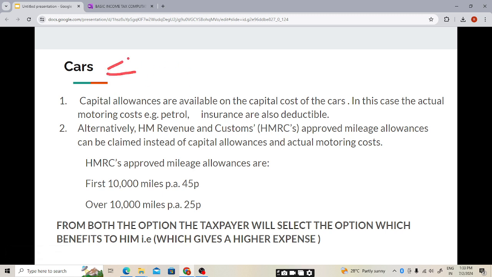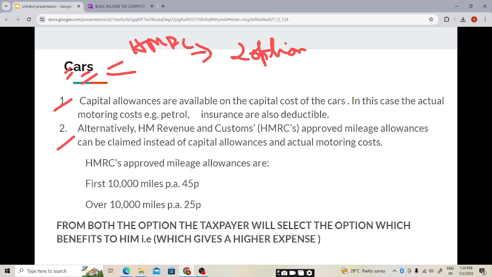HMRC has provided us option number 1 and option number 2. We are still studying under the cash basis only, so don't get confused. Under the cash basis, how will the expenses for motor cars be allowed?